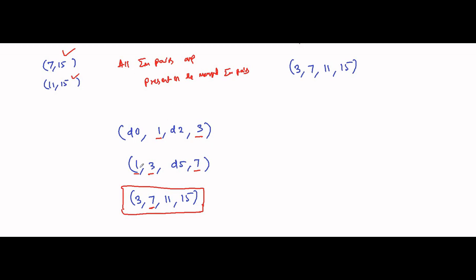Here there are 3 normal minterm values, 1, 3, 7, and only 1 don't care value. Here there are 2 don't care values, D0, D2, and we have 2 normal minterm values which are already covered in this merged minterm pair. So these two are the final 2 essential prime implicants.